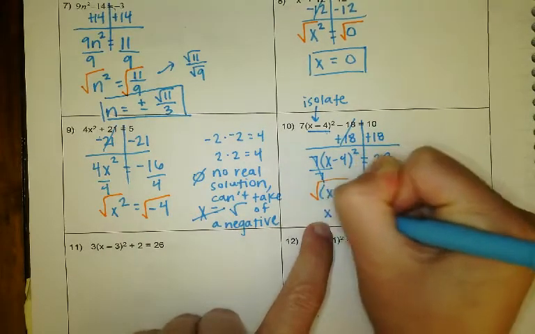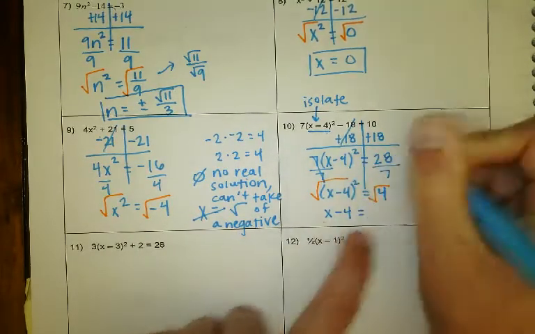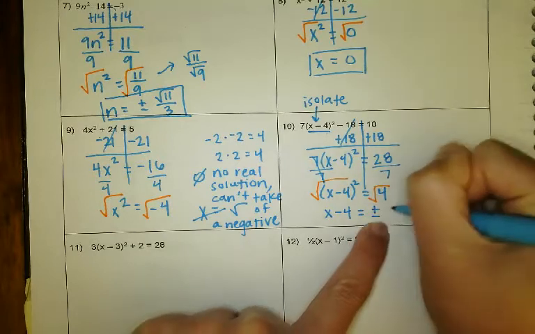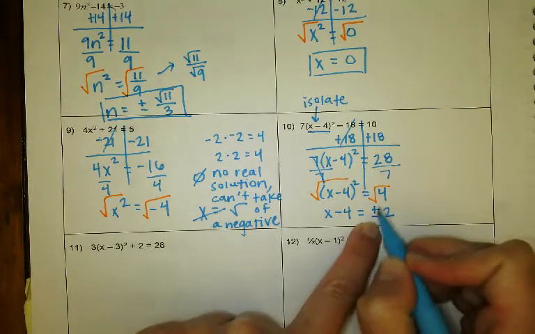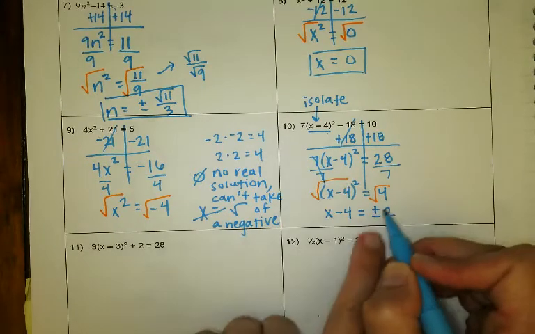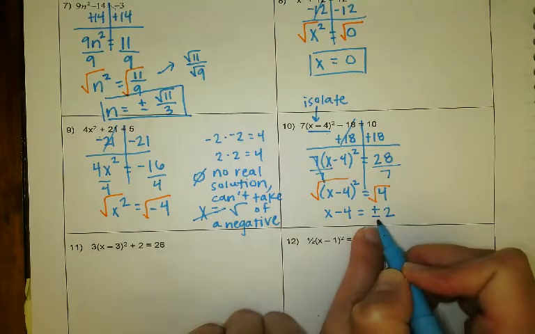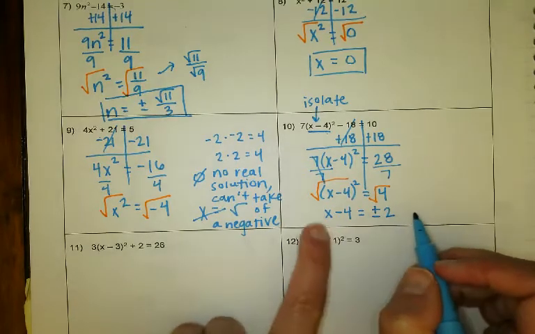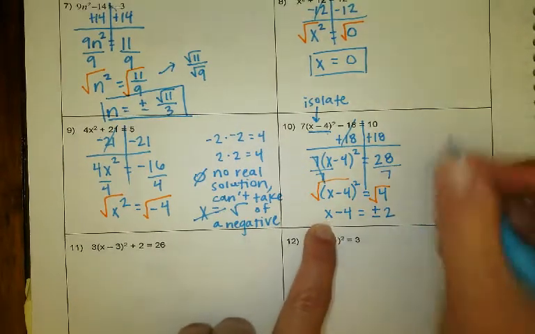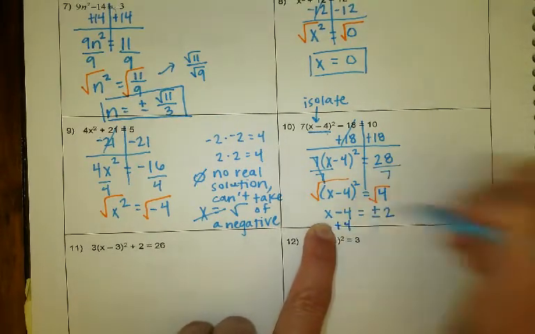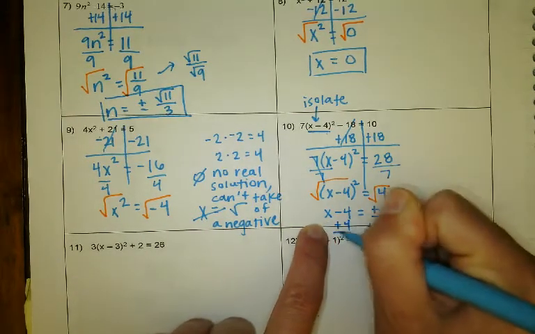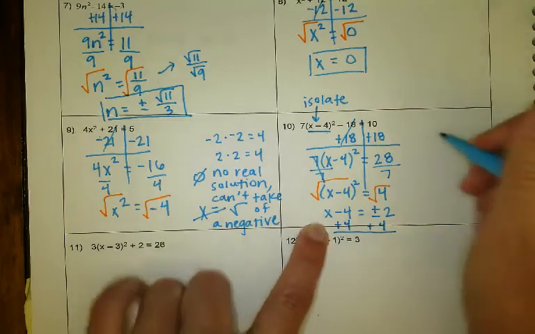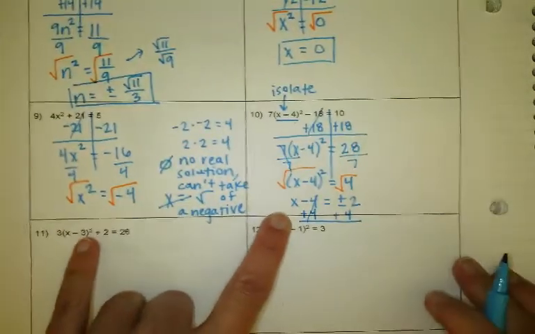I get x minus 4 equals positive and negative 2. So here's where I'm using the plus or minus sign. Every time you take the square root, that's when you're using plus or minus. And then to get the x by itself at the very end, we are going to add 4 to both sides. So I'm going to go over here so that we have some space to talk about what this means.